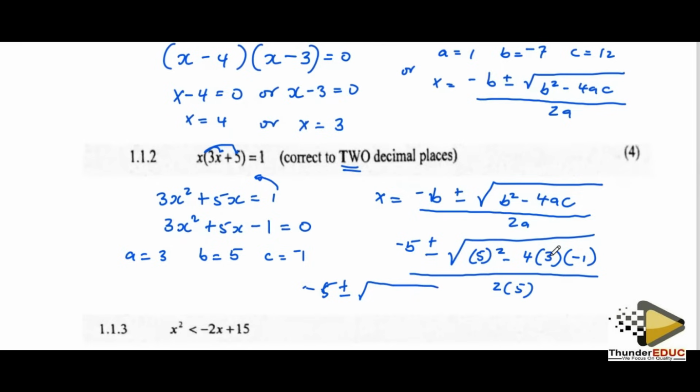This is 4 times 3 is 12 times that, which is going to be like 25 plus 12 over 10. Okay, when I put that into my calculator, that's negative 5. I'll start with a plus sign. Square root of 25 plus 12, dividing it by 10.